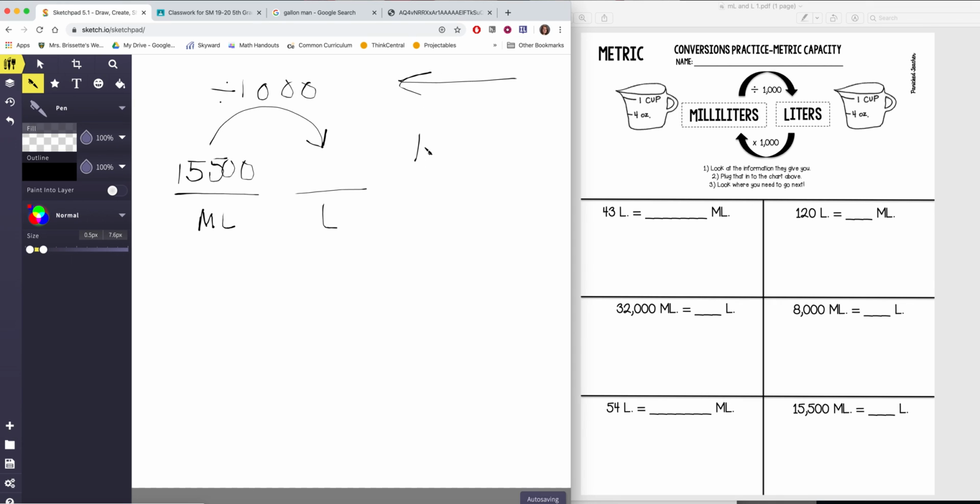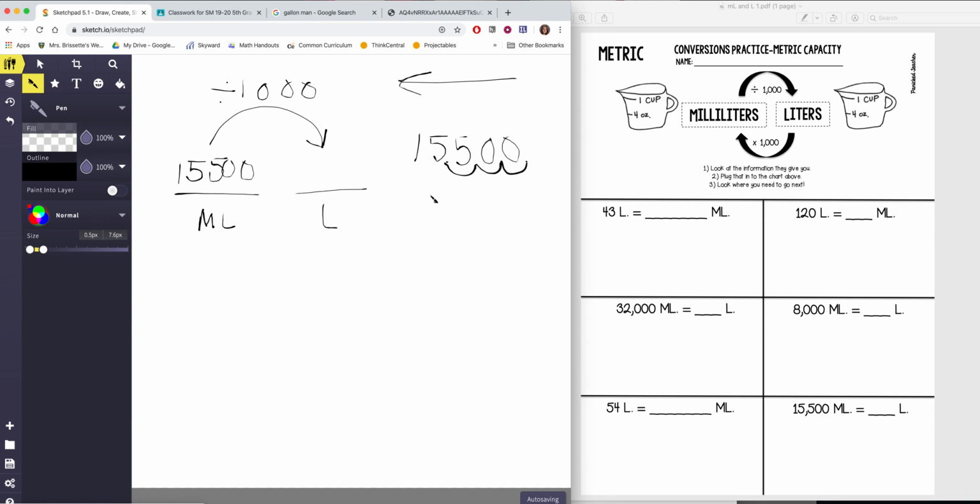So if we have 1, 5, 5, 0, 0, and we are dividing, we know we need to move our decimal point 3 places. Let's figure out where our decimal point is to start. In a whole number, my decimal point is always after the ones place, all the way over here. Now let's move it 3 places smaller. 1, 2, 3 puts my new decimal point right here.